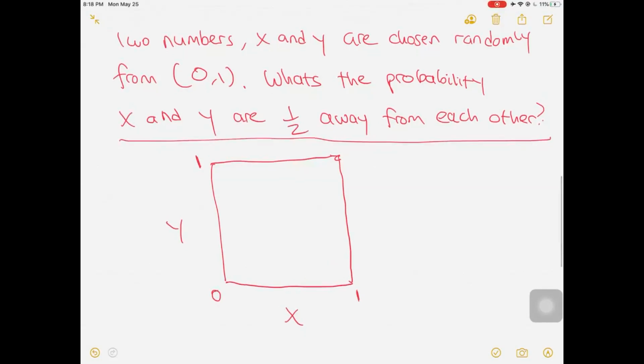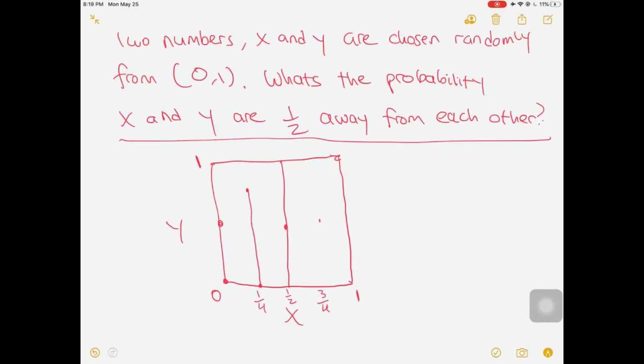So for example, if x was 0, then y can be anywhere from 1/2 to 0. If x was 1/4, then y can be from 3/4 to 0. So it'll cover this region. Similarly, if x was 1/2, then y can be any number.